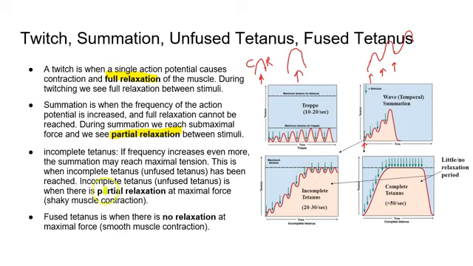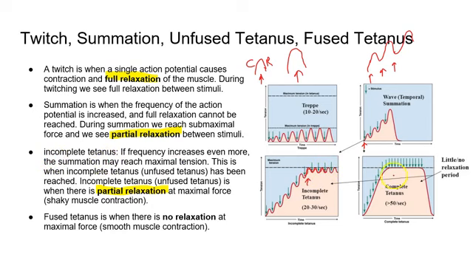Still we see partial relaxation. By increasing the frequency of the action potentials, our tension gets to the maximal range. We have contraction and partial relaxation, another contraction and partial relaxation. That would be our incomplete tetanus.